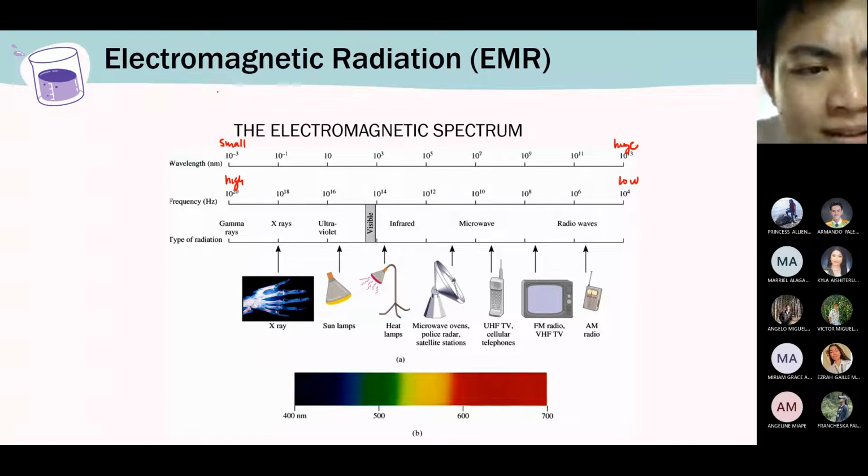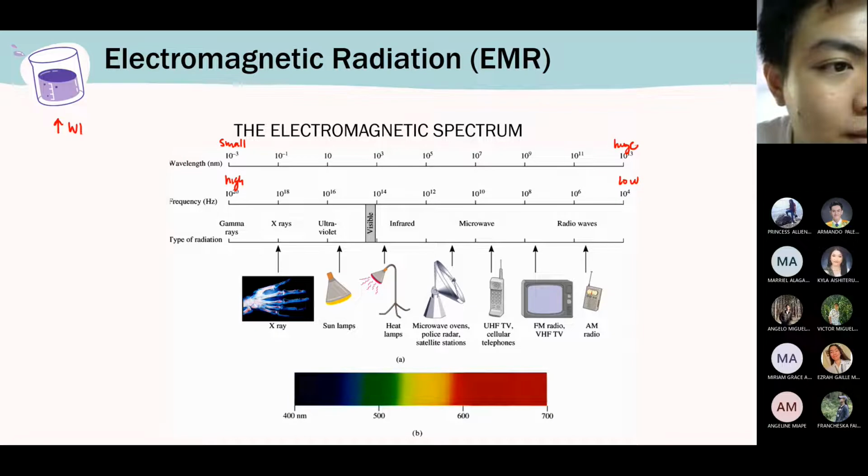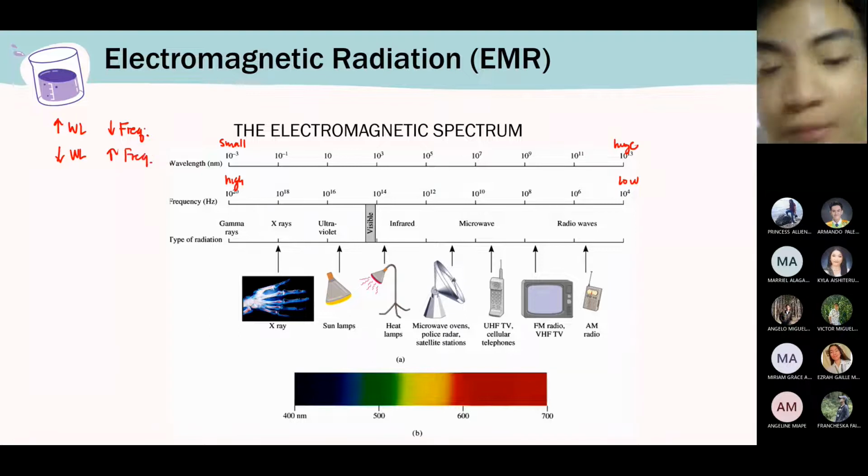We can say that wavelength and frequency appear to be inversely proportional. The higher the wavelength, the lower the frequency. And of course, the opposite is true as well: the shorter the wavelength, the higher the frequency.